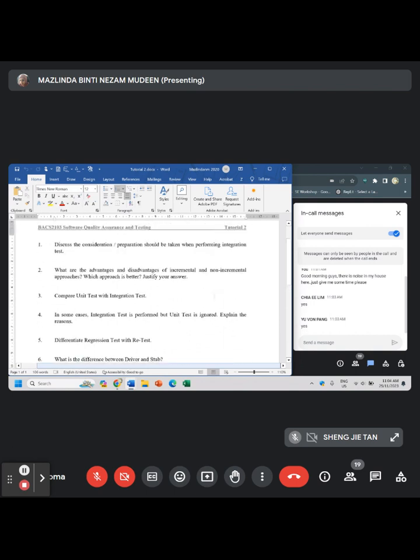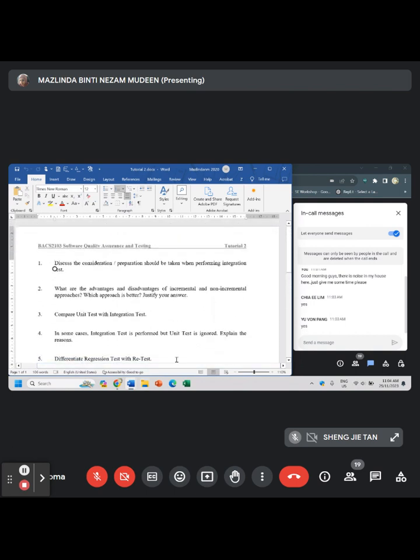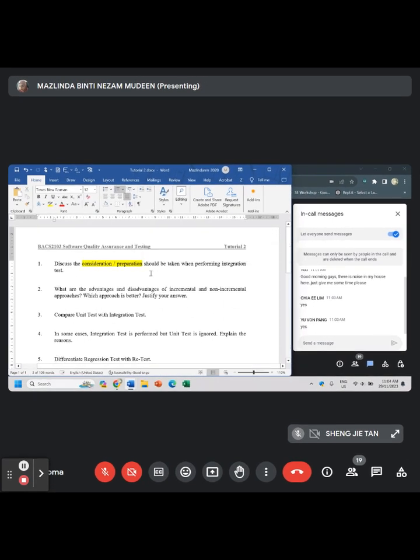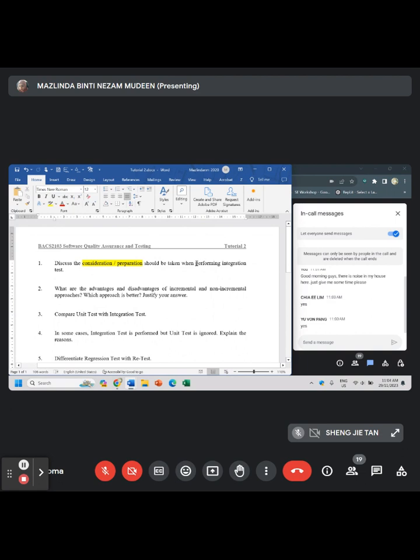Okay, so let's see what are the questions here. So question one, discuss the consideration or preparation that should be taken when performing integration test. So let's assume, since during the lecture I have mentioned that integration tests can happen at different stages.